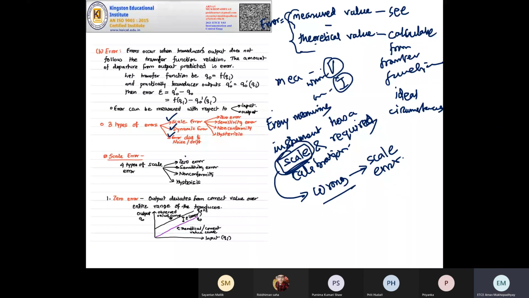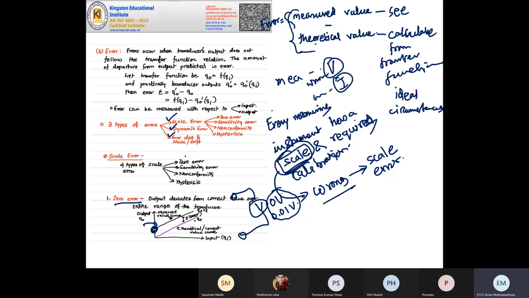So zero error, if the measured zero and the actual zero doesn't coincide. Measured zero means if you remove the input, you get some output. So we know that if, for instance, a voltmeter is left open, it should display 0 volt, but you are seeing that it's displaying 0.01 volt. That means the zeros are not accurate.